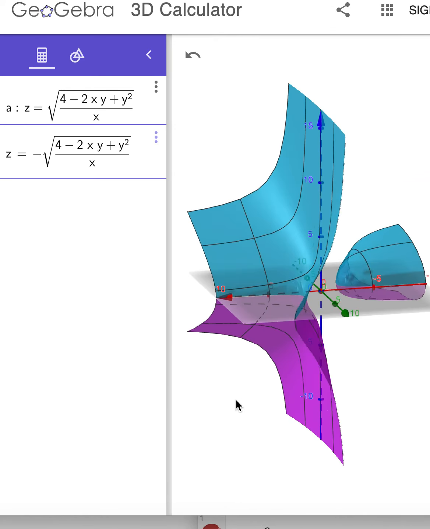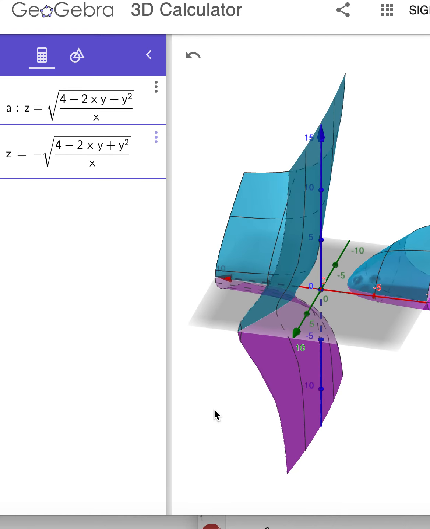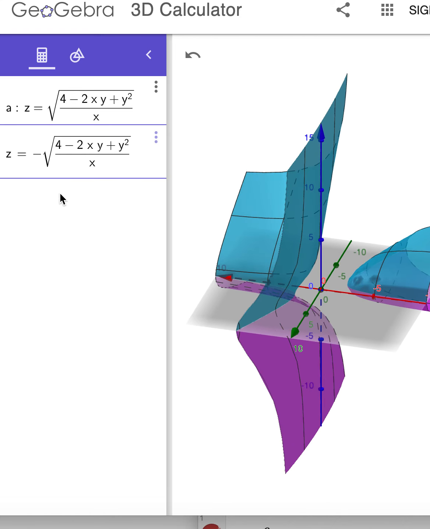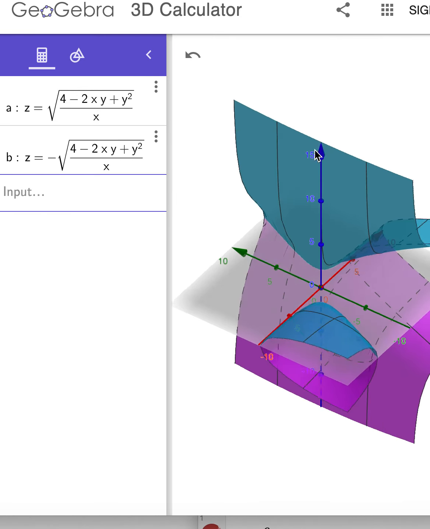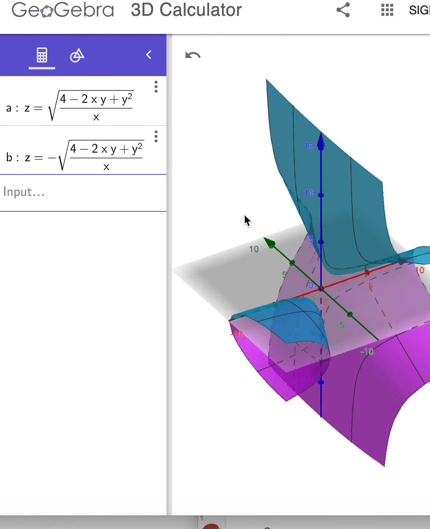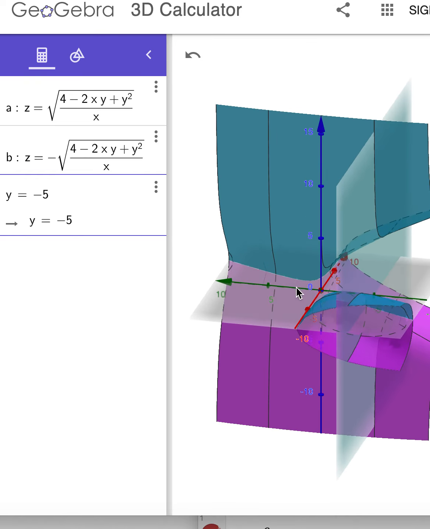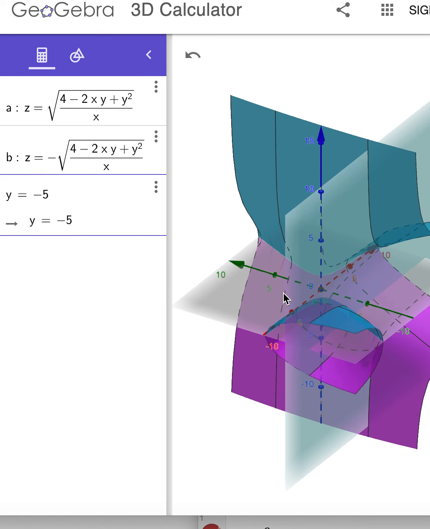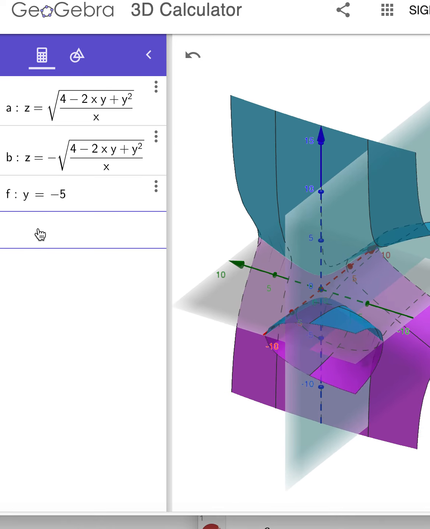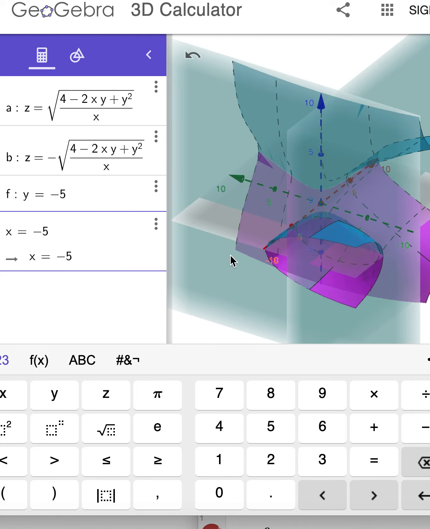All right, so just so that we can see that it would fail the test, we could create a vertical plane. We could type in y equals -5. Get a vertical plane here. Then we could intersect that with another vertical plane, x equals -5.